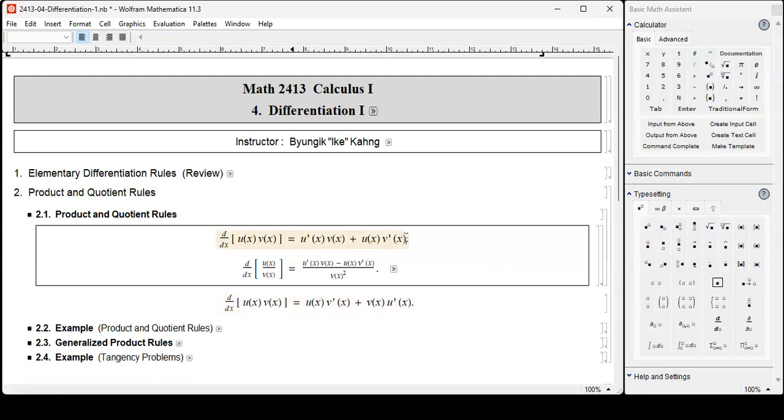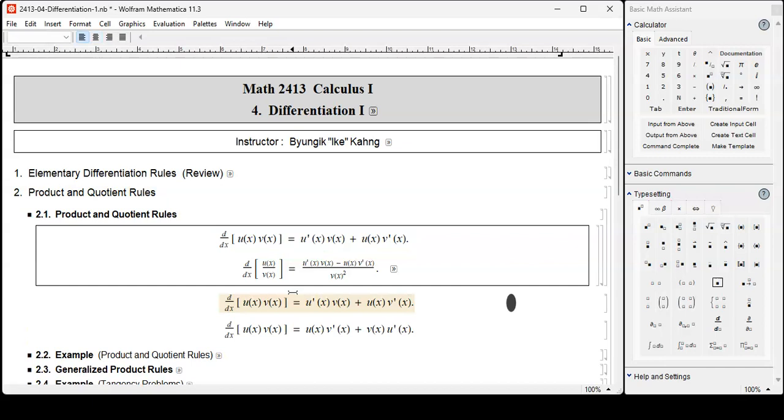The reason I like this one a lot better is because I can extend it over to things like this. What if I have another function? Well, u prime v w, and u v prime w, and u v w prime.